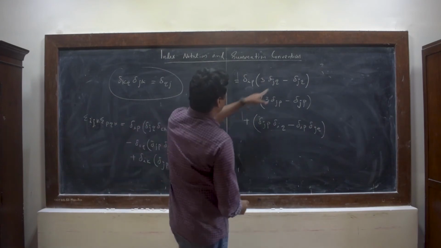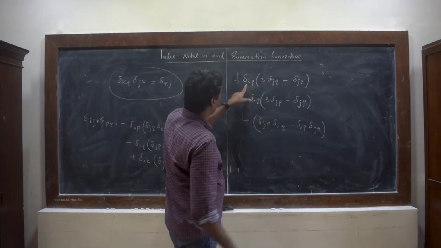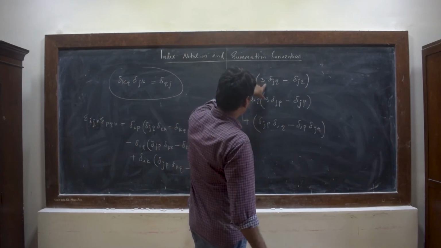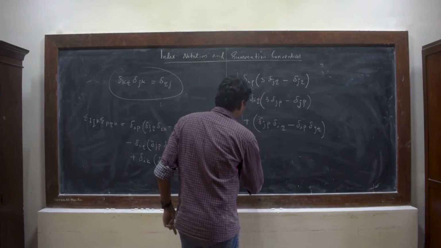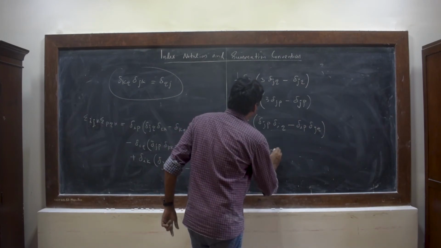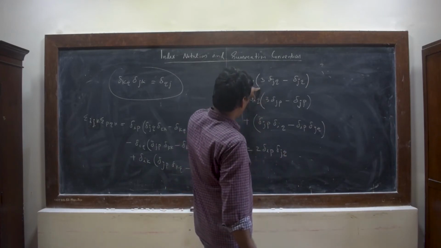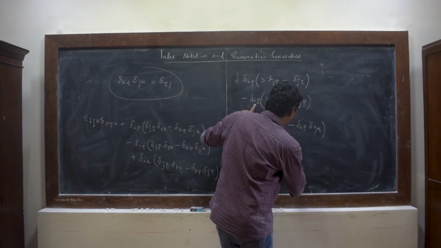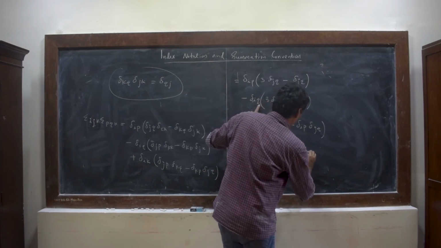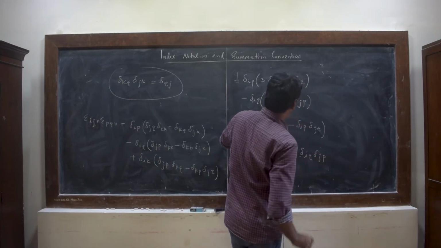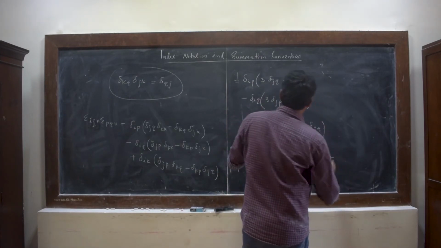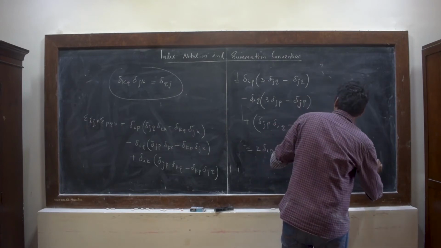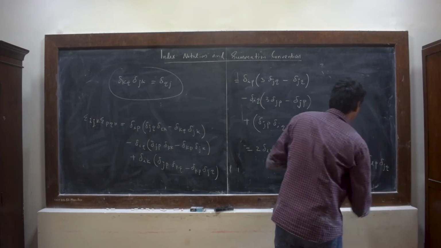Okay. So you will have 3 delta JQ minus, okay, so you will have 2 into delta IP delta JQ, and here minus 2 into delta IQ delta JP, and then plus delta JP delta IQ minus delta IP delta JQ.